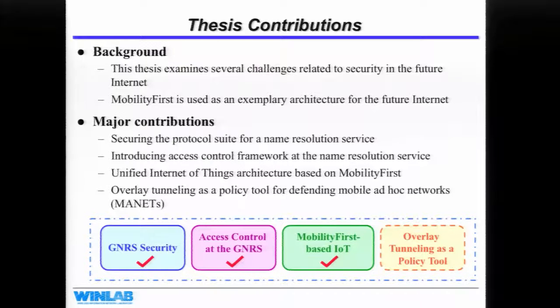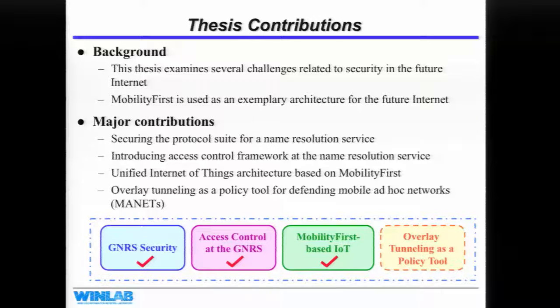Now, this thesis uses MobilityFirst as an example to explore several challenges related to security in the future internet. In the rest of the talk, I will go deeply into the work of securing a name resolution service and the work of a unified MobilityFirst-based Internet of Things architecture. I will also provide an overview of the access control framework as the name resolution service.